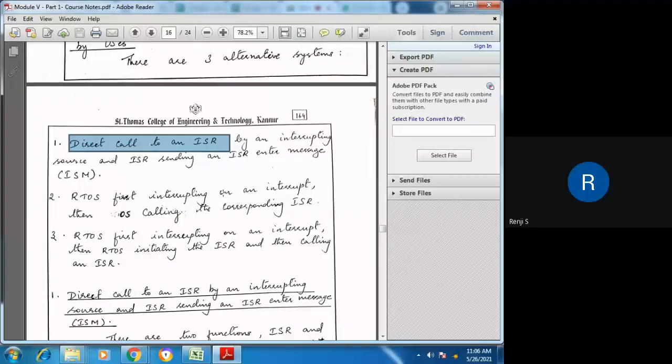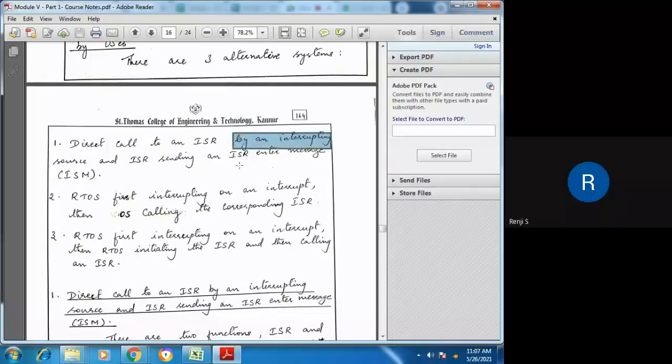Usually, we send a request to the operating system, and this operating system will stop the execution of the currently running process which the processor is running, and then it will switch to the interrupt service routine. But in this first mechanism, the operating system is not involved. Instead, the system directly services the interrupt service routine, from the interrupting source. The direct call to ISR by an interrupting source.